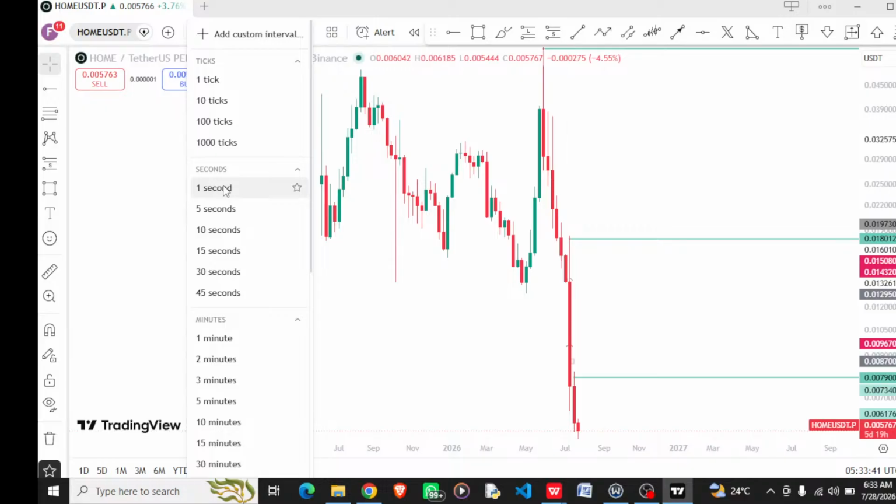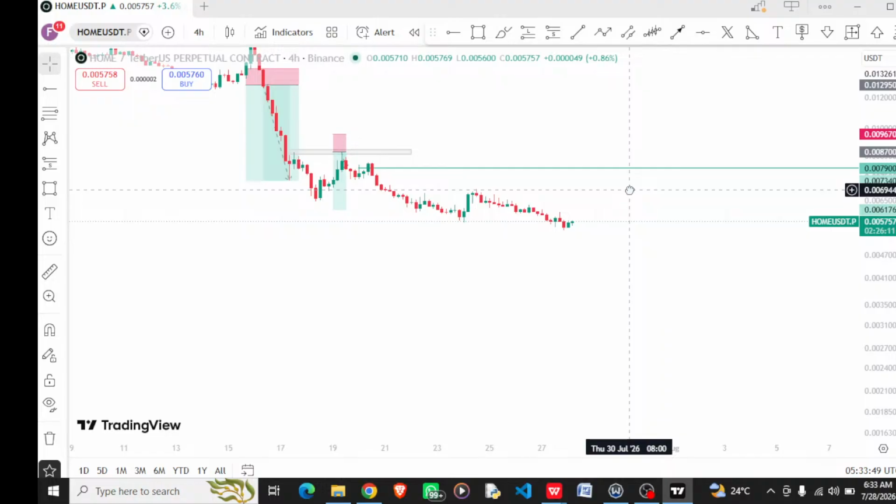I've been trading this token for quite some time. So this is how it looks in the 4 hour time frame, right?